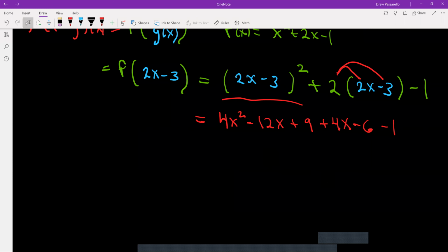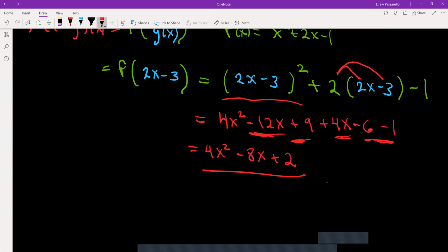All right, then I combine like terms. So my answer would be, so I got 4x squared. I combine the minus 12x with positive 4x. That's going to make that minus 8x. And then I combine the 9 with minus 6 and minus 1. So that's really 9 minus 7. So it'd be plus 2. All right, and this should be the answer.